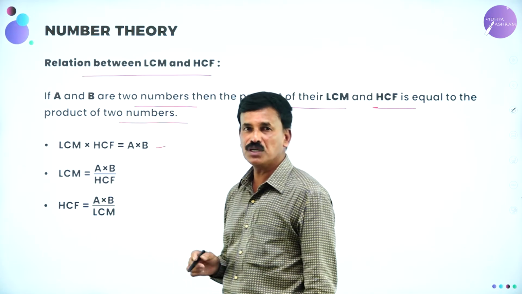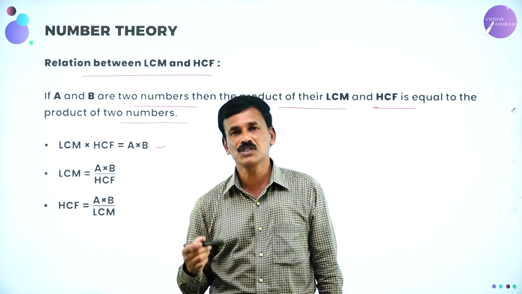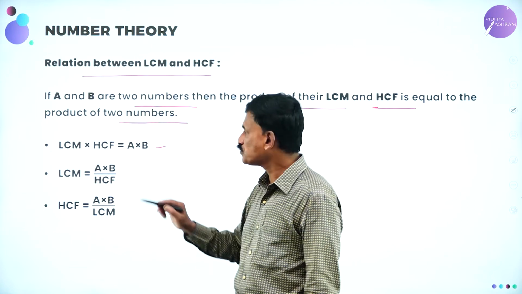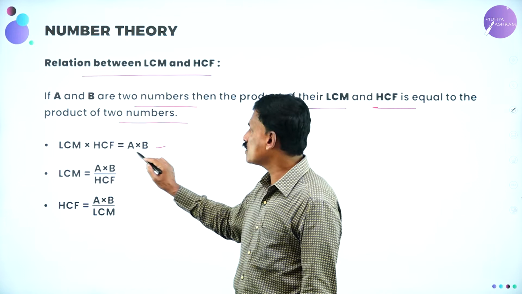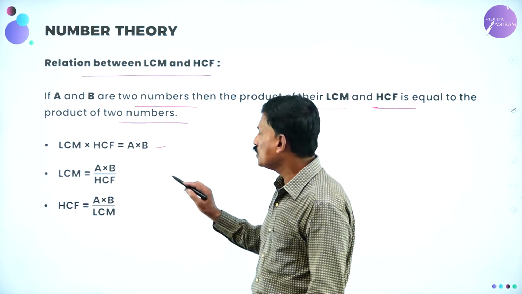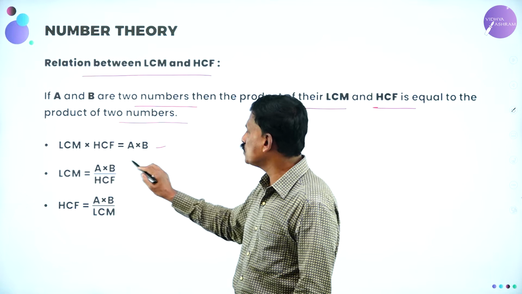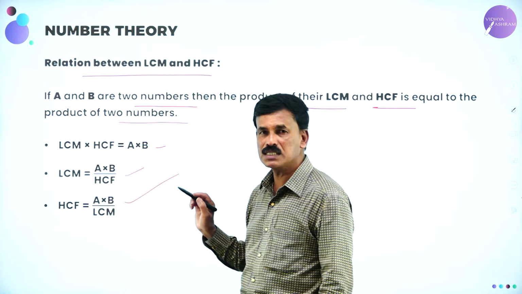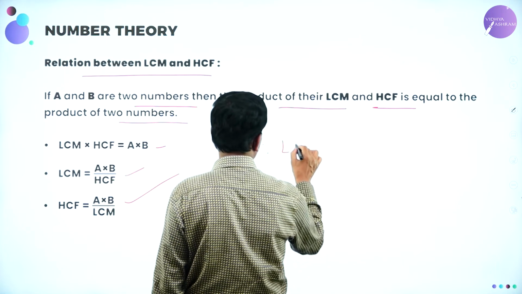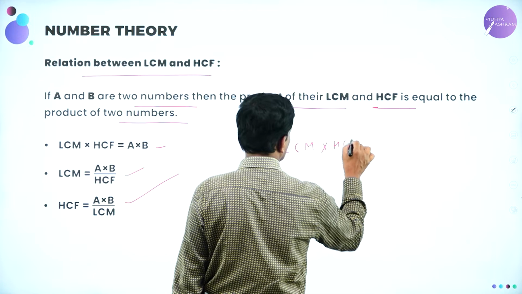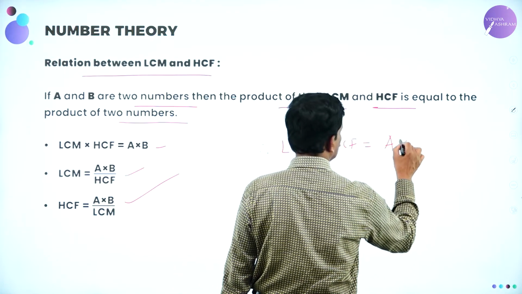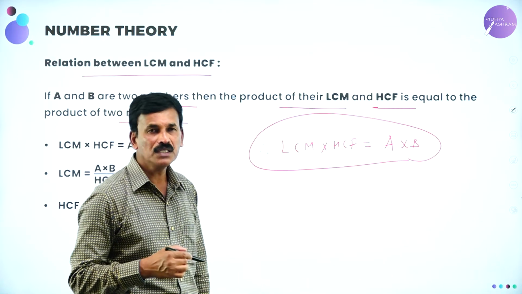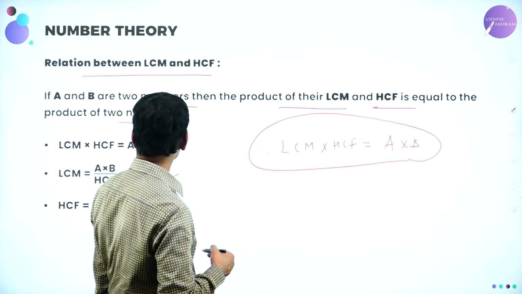That is, LCM into HCF is always equal to A into B. Now, if you want LCM alone, LCM is equal to A into B divided by HCF, or HCF is equal to A into B divided by LCM. So, a very important formula: LCM into HCF is equal to A into B. This is the relation between LCM and HCF of two numbers A and B.